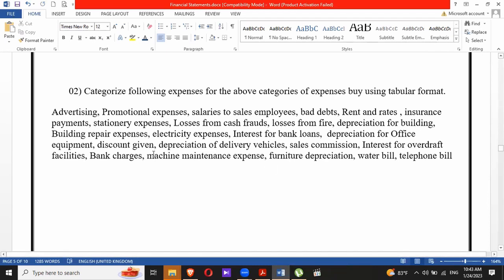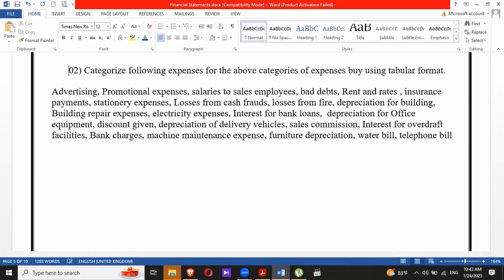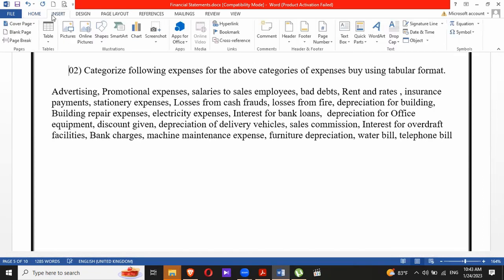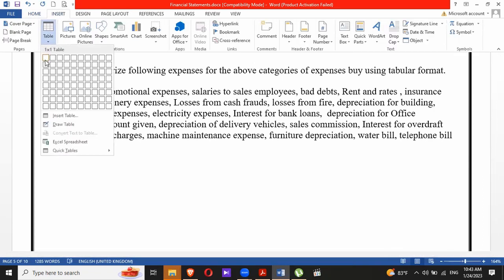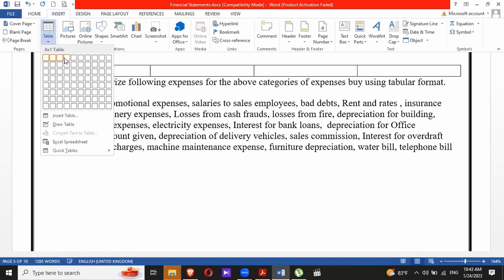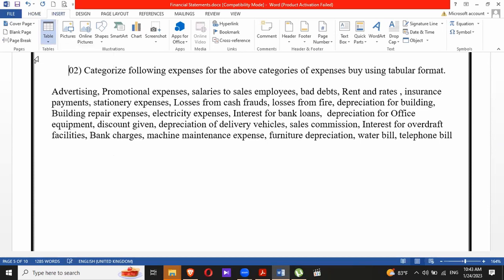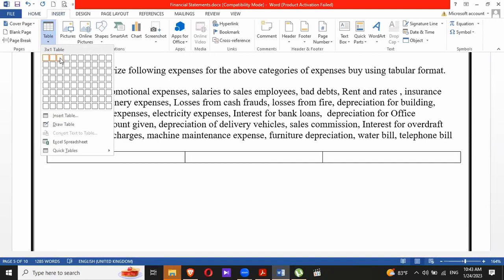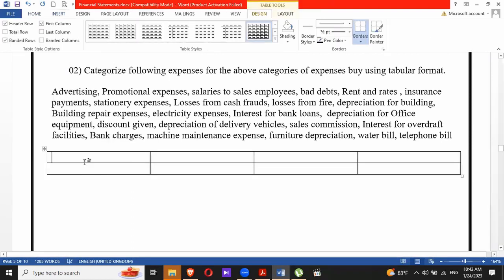So this type of table you have to use for this activity. Please draw this in your writing book and do this. There should be a 4 columns table you have to take, right? First column you should name as administration expenses.